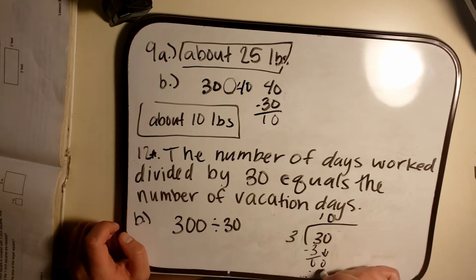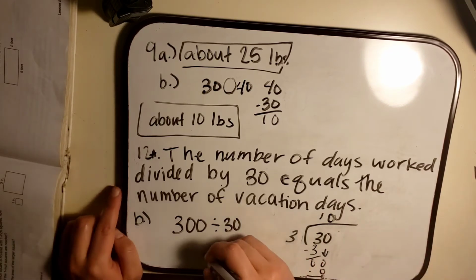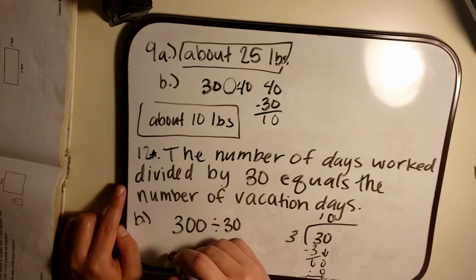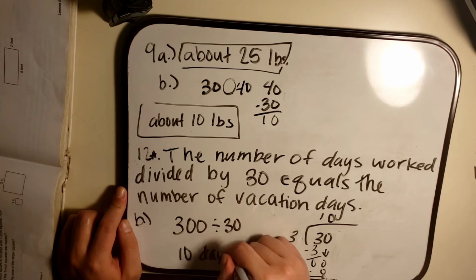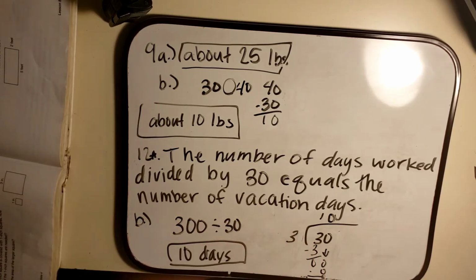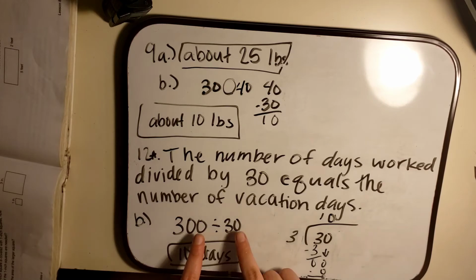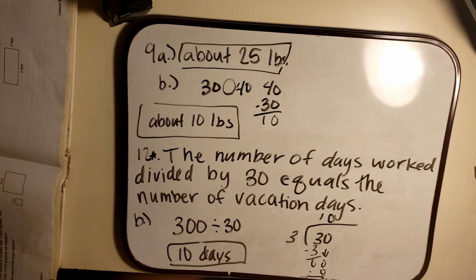And you could do it that way. Or some of you might be able to do it in your head, but our answer is 10 days. So when they both have a 0, you can get rid of those and say 30 divided by 3 and do that in your head.